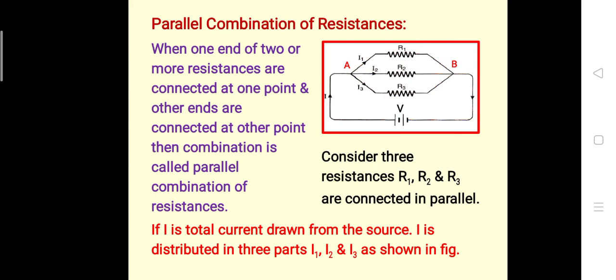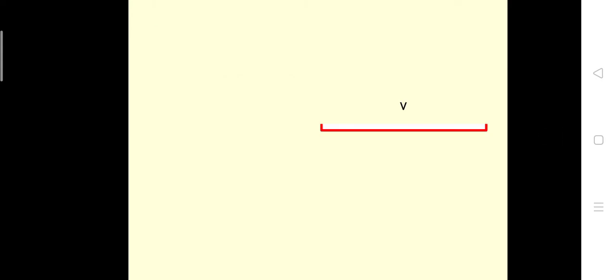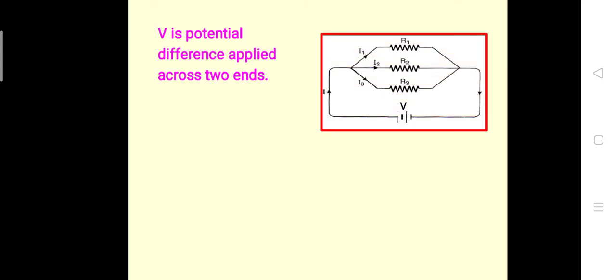In this circuit, I is the current drawn from the battery of voltage V, which is further divided into three parts. So from this figure, we can say that net current I is equal to I1 plus I2 plus I3.